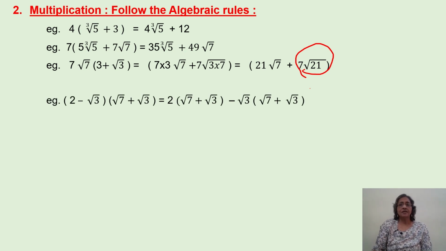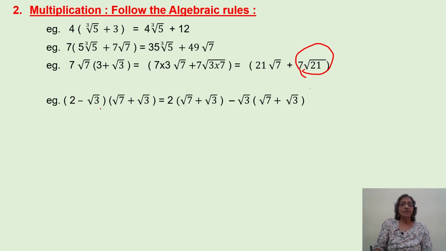Now take the next example. There are two brackets given and we need to open out these brackets. So we follow the simple rules of algebra. What we do here is like what we do in algebra. We take the first number, that is 2, and multiply by the second bracket.